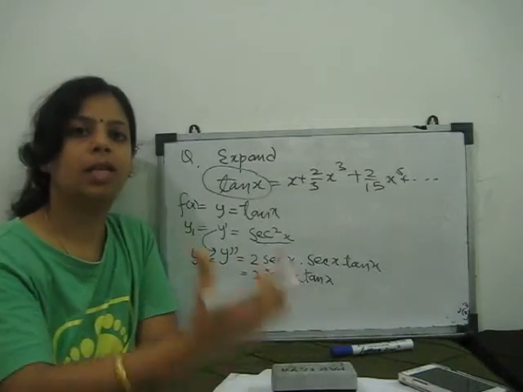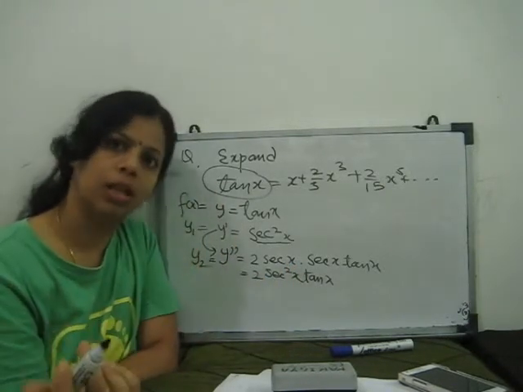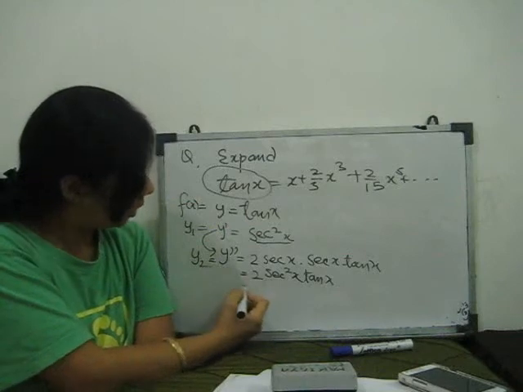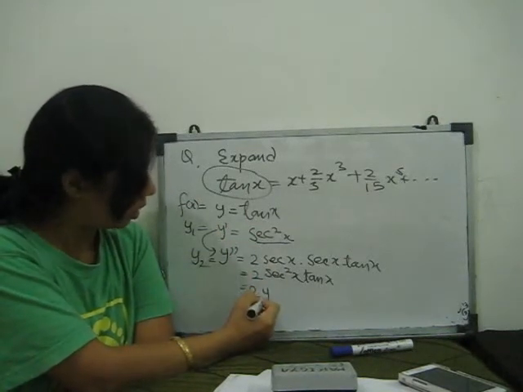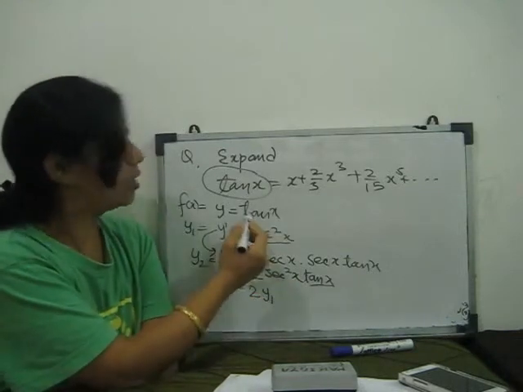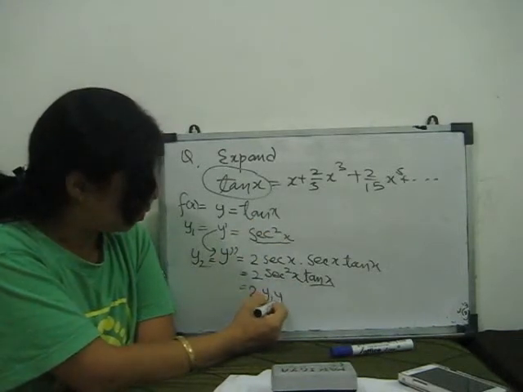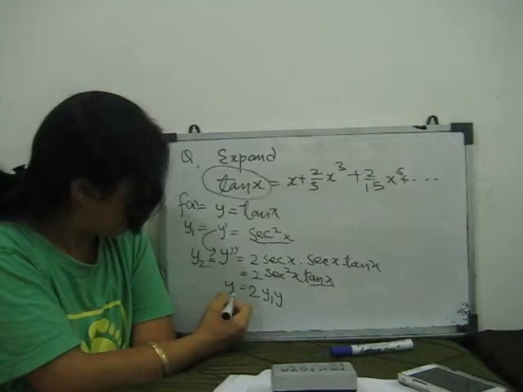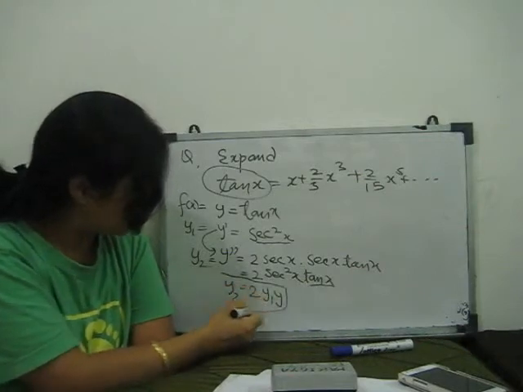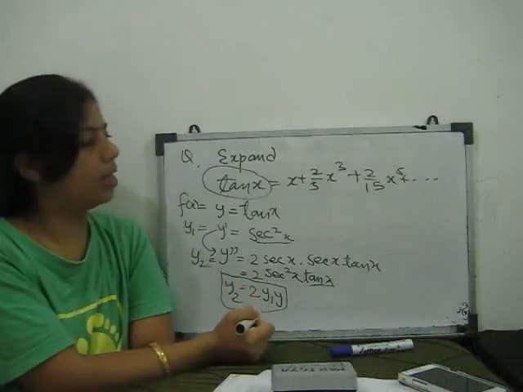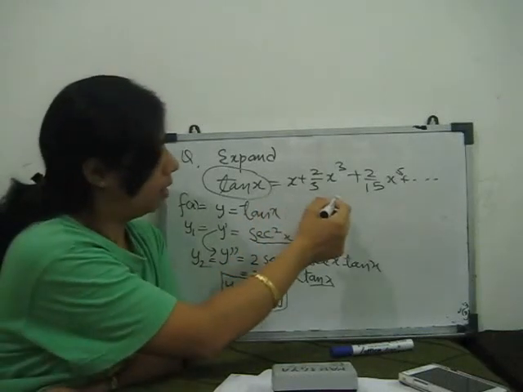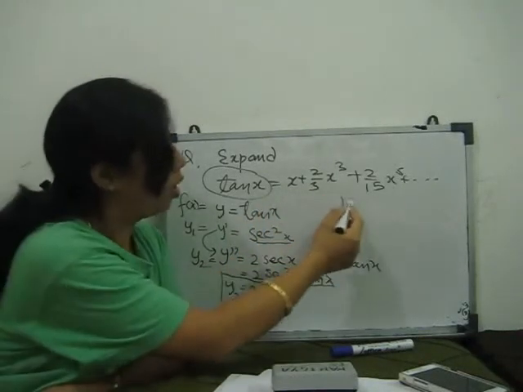At the place of dash, if you put 1, 2, 3, 4, then it's easier. So this sec square x is our y1. So I put here y1, and tan x is our y. So our y2 gives the equation equal to 2 y1 y. Clear?